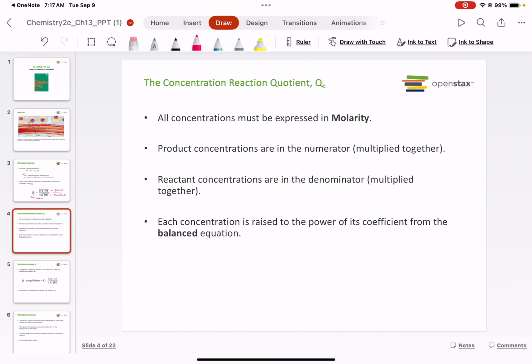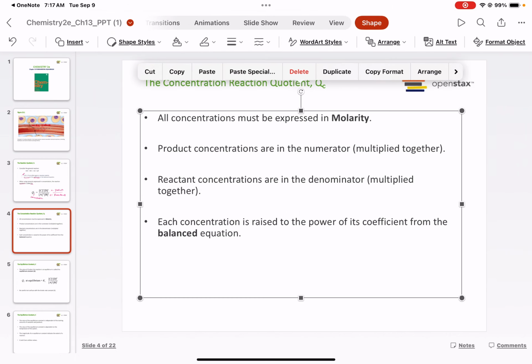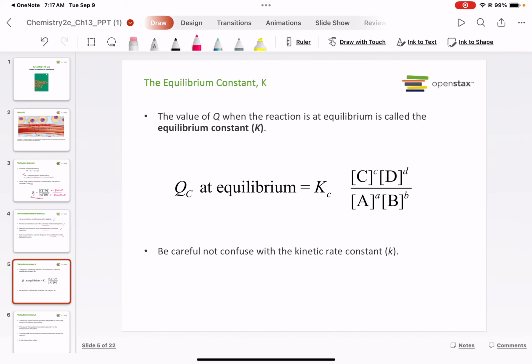Concentration must be molarity. Products are in the numerator on the top, reactants in the denominator on the bottom, and the coefficients are raised as powers. So that's the equation for Qc.